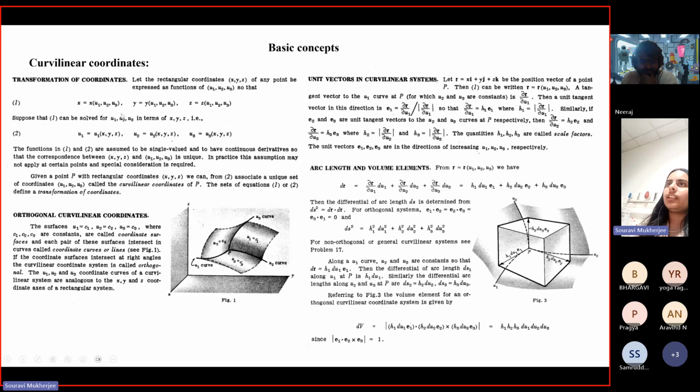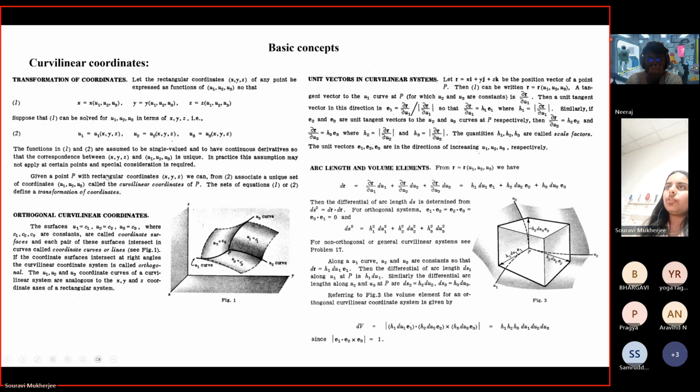Now you want to move to another coordinate system. So you know that x can be written as a function of the new variables u1, u2, u3, and similarly y and z. Now, from x, y, z, you want to go to u1, u2, u3, where u1, u2, u3 will again be functions of x, y, z. So you want to have this transformation, right?